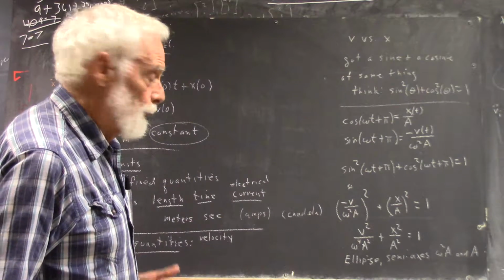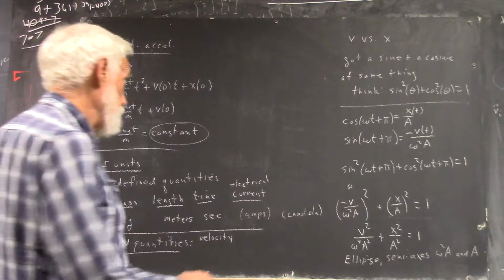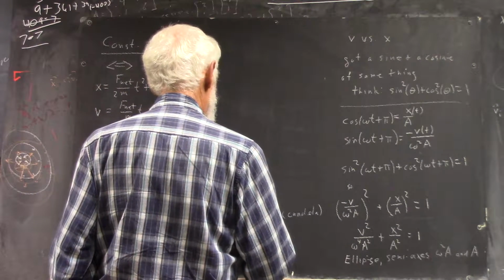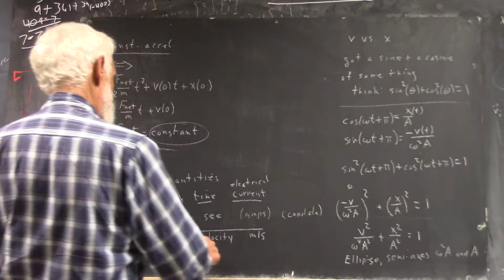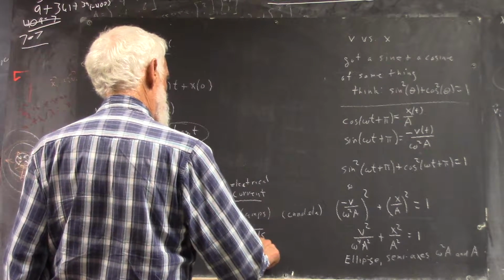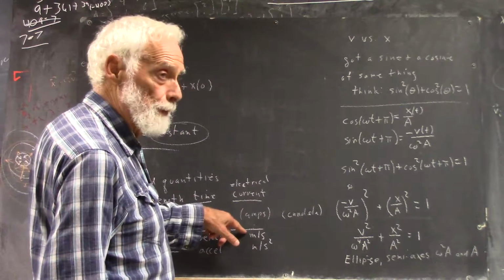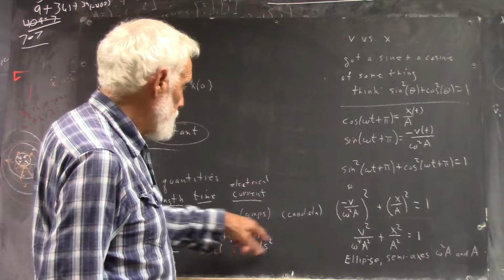Well, change in position has units of length and time has units of seconds, so that's meters per second. Acceleration is the rate of change of velocity with respect to time, which is meters per second divided by seconds, which is meters per second squared.